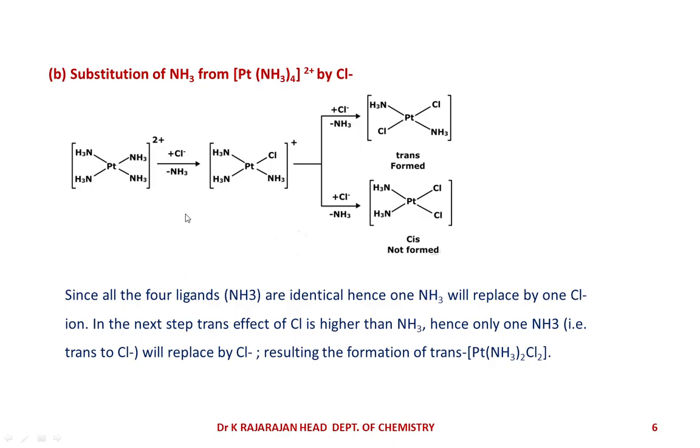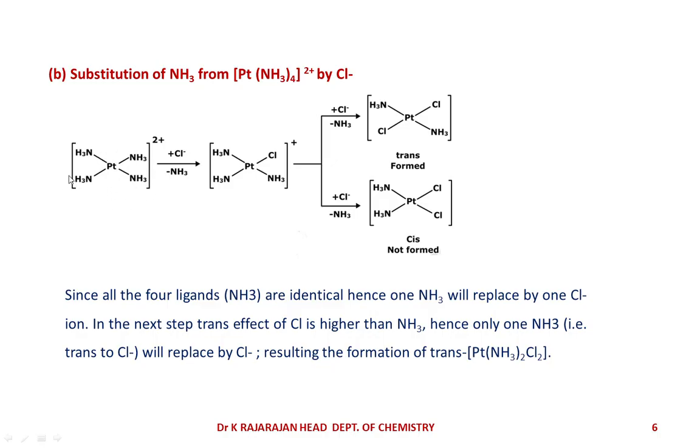Now let's see the substitution of ammonia from the tetra-ammonia platinum complex by chlorine. In the previous case, all four ligands were chlorine. Here all four ligands are ammonia.